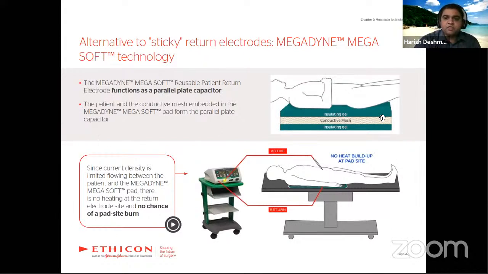We give a big length of pad which will help you cater to any place where you do the surgery, as current can flow from any part. It is a conductive mesh in between with insulating gel on the two sides, which helps in passing the current from the machine through the patient and back to the machine.